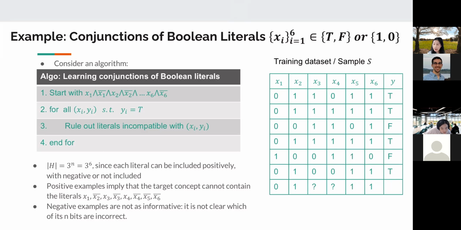I can get 0 error on my training data set just because my algorithm is doing the correct thing. Once I rule out the literals incompatible with xi, yi, I will get 0 error on this xi, yi. Therefore, if I go through every single example, I will get 0 error in the end. So it's going to be consistent.